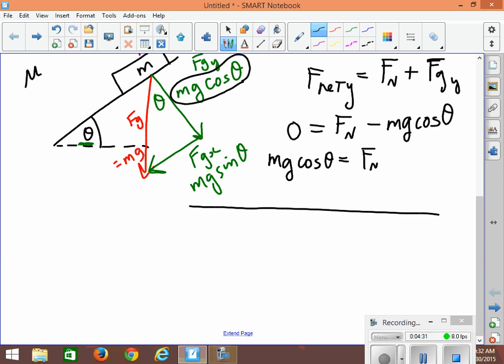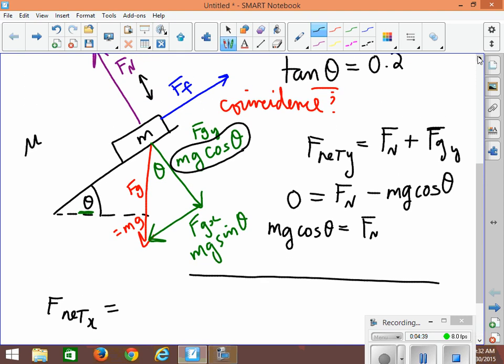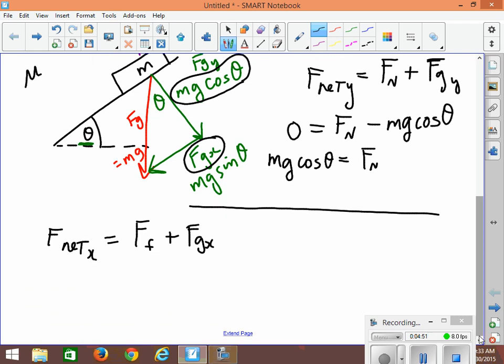So then we move on to the F net x, which is, in this case, the two arrows that are horizontal, friction and Fgx. So we write those in, force of friction and Fgx. Then we want to fill this out as much as possible.